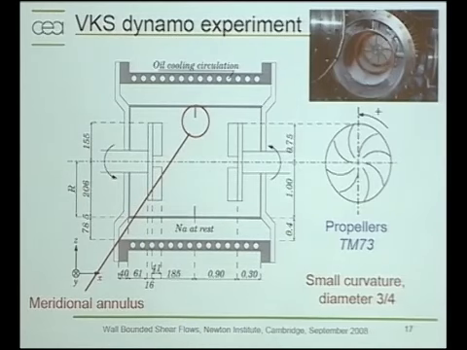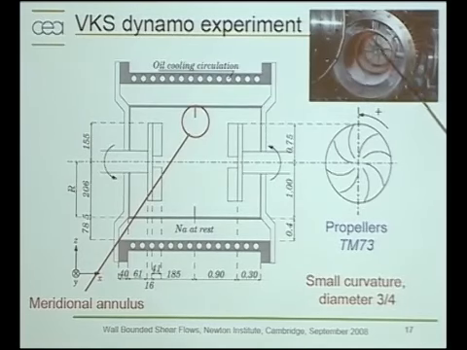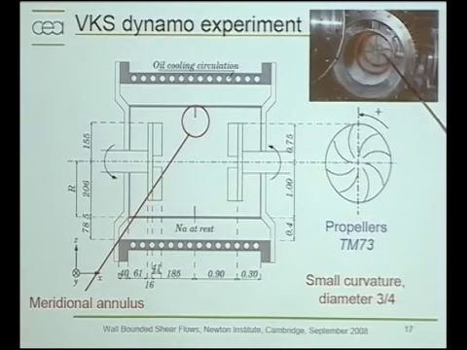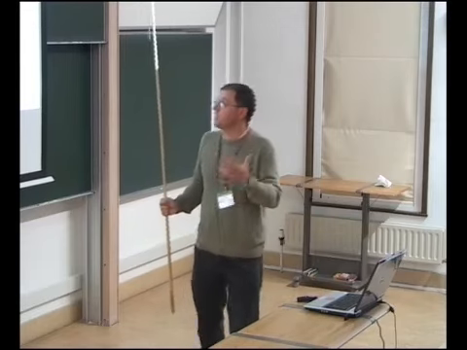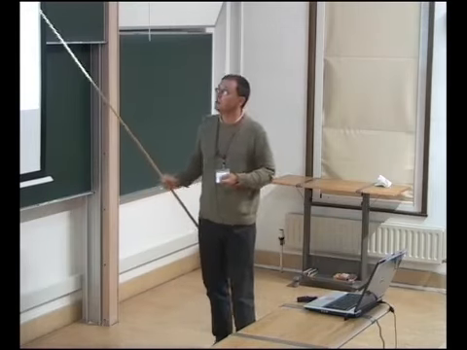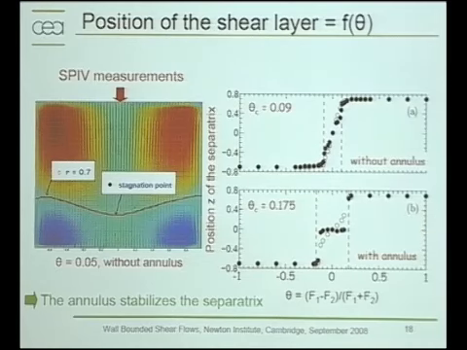And we also put a small annulus here in the shear layer, because we wanted to try to stabilize this shear layer and its vortices. You can see on this picture the small annulus here and the propeller at the back.